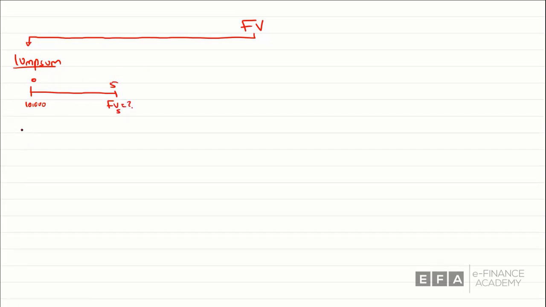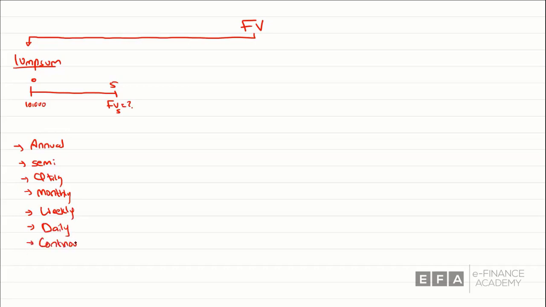So we have discussed annual compounding, semi-annual compounding, quarterly compounding, monthly compounding, weekly, daily. All these are discrete, and then we also discussed continuous compounding as well. Right? That's our first topic that we have actually looked at so far under this section of future value.